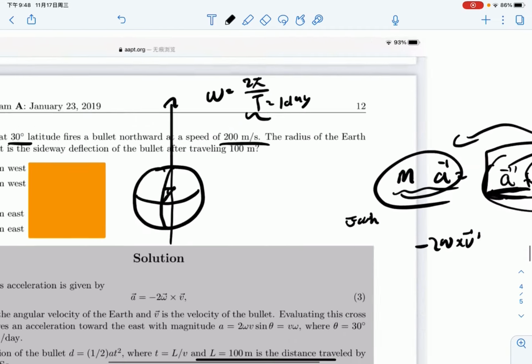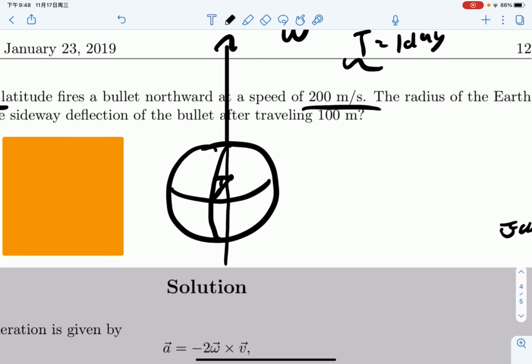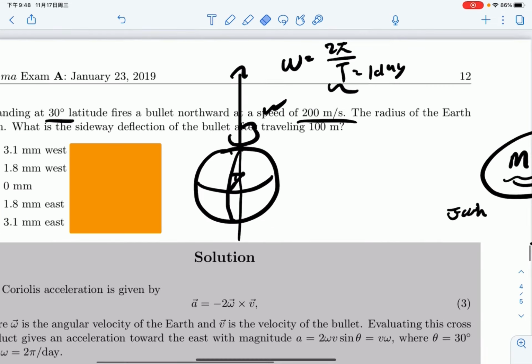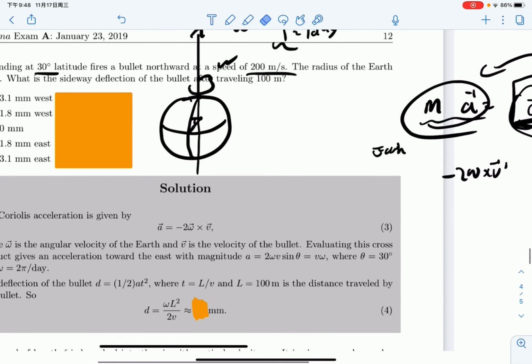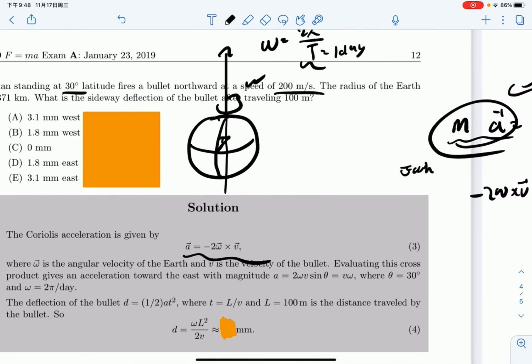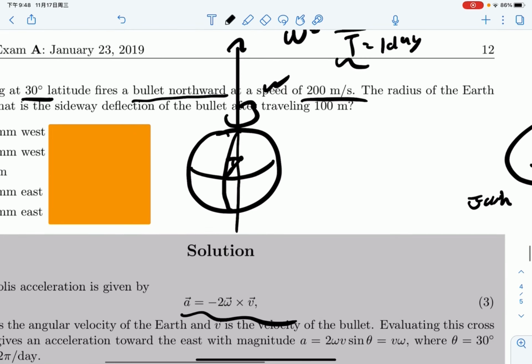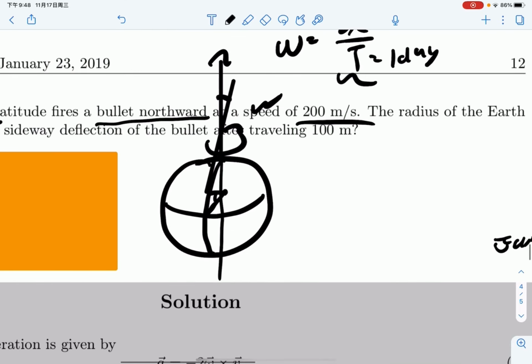So now if we draw the diagram, there's w, and here is pointing this way. And here is the equation over here. And fires a bullet northward. Here, northward. And we know that this angle is also 30 degrees.